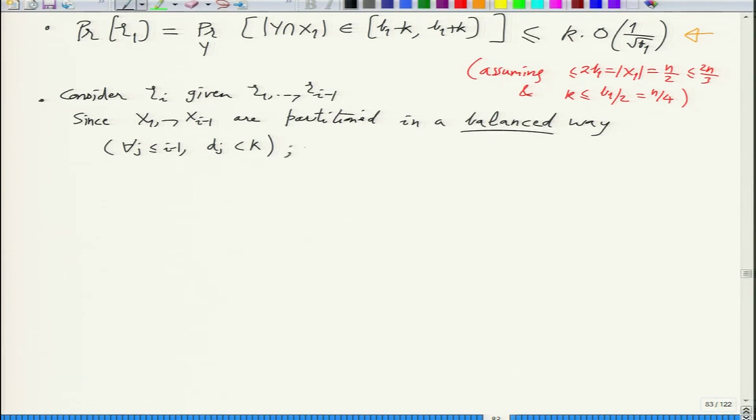So we read it as them being partitioned in a balanced way. So we deduce that, so we'll calculate this now. So basically, things that remain. So x1 union dot dot xi minus 1.